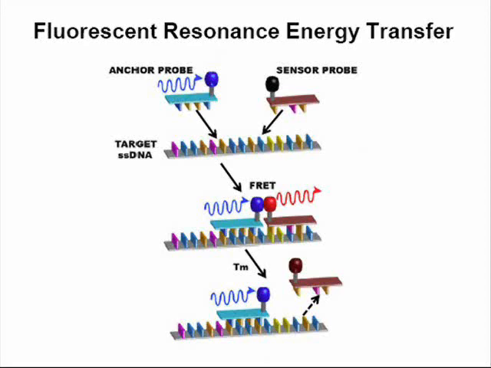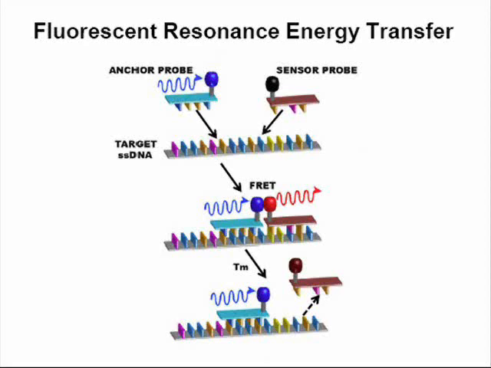The other benefit of FRET is that it allows for melting curve analysis, where, shown at the bottom, when temperature is increased at a certain temperature, the sensor probe will melt off. This is totally dependent on the design of the probe and the heterogeneity or polymorphisms of the sequence that it is binding to.